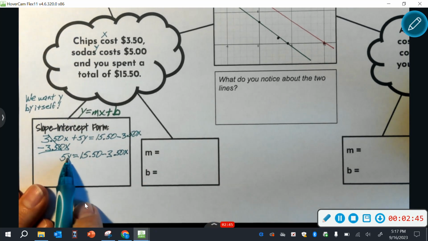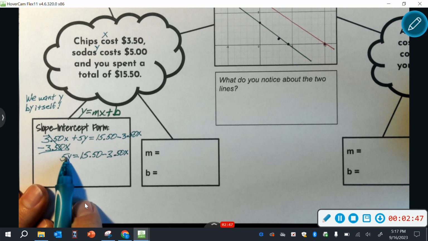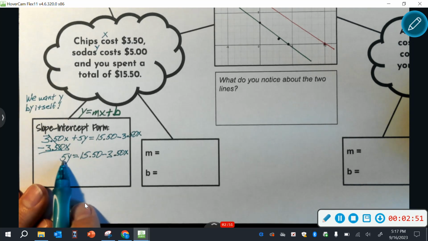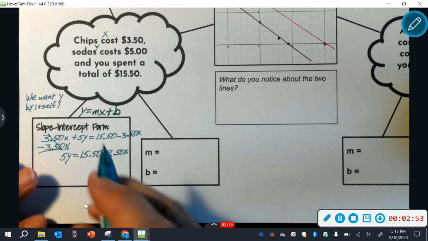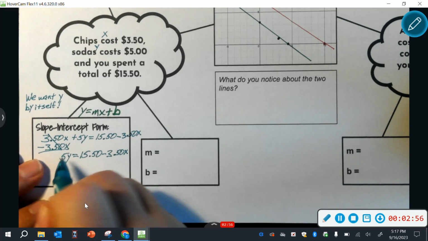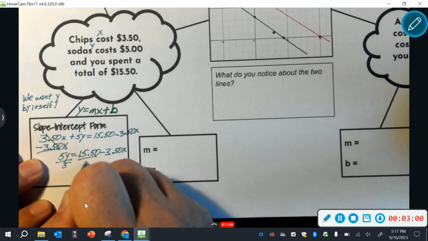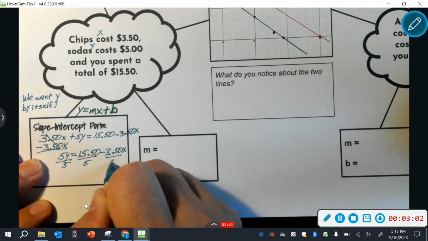So now look, I have 5y all by itself on the left side, everything else on the right. But now I have to cancel out this 5. So since this is 5 times y, I'm going to divide by 5 and divide each term by 5.